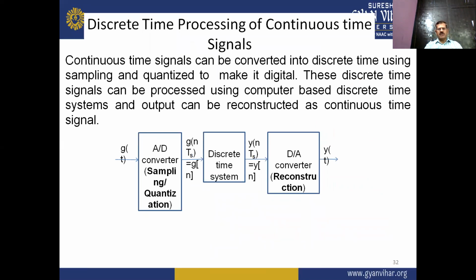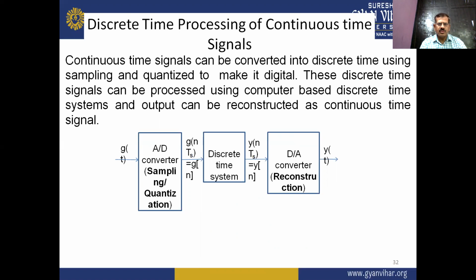Discrete time processing of continuous time signals. Continuous time signals can be converted into discrete time using sampling and quantization to make them digital. These discrete time signals can be processed using computer-based discrete time systems, and the output can be reconstructed as continuous time signals.